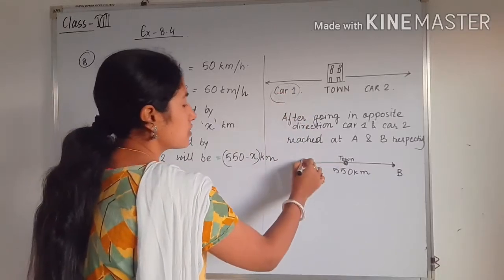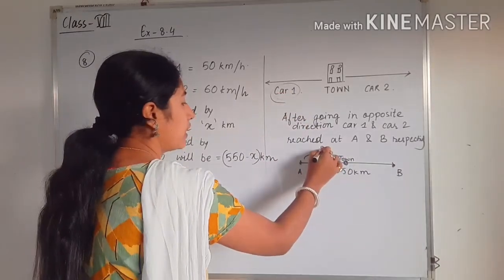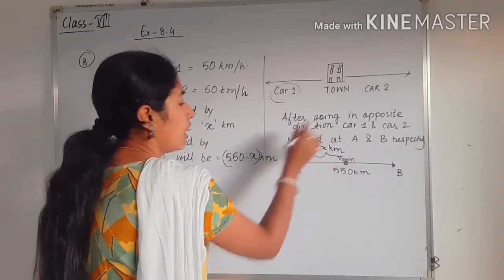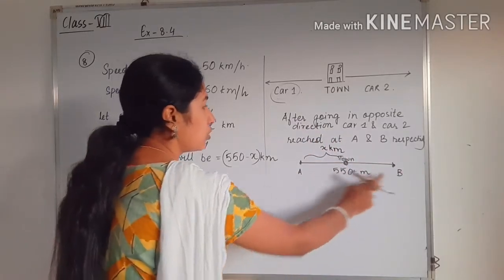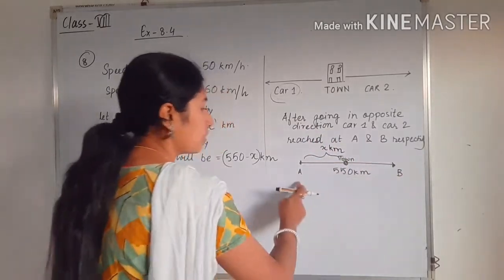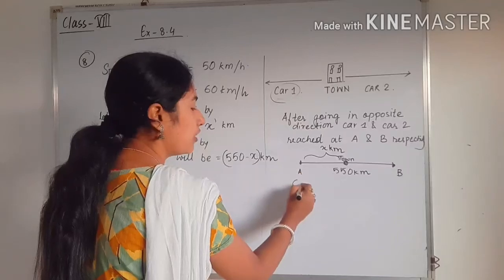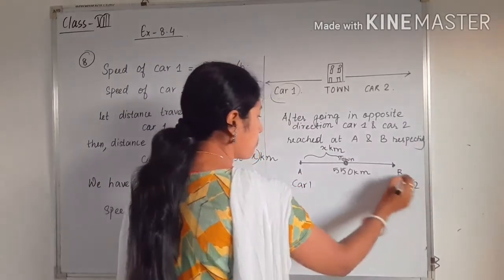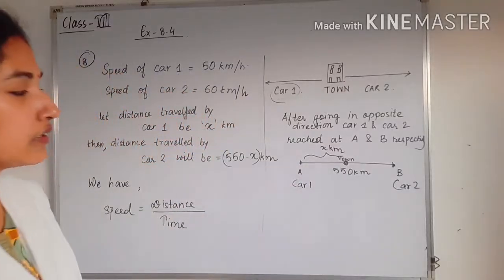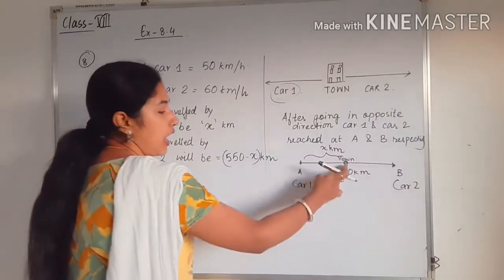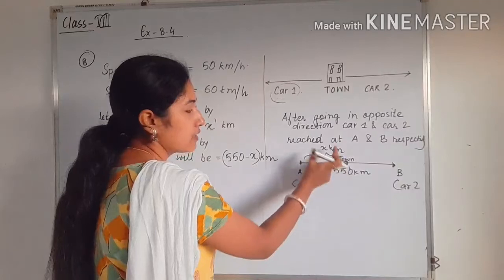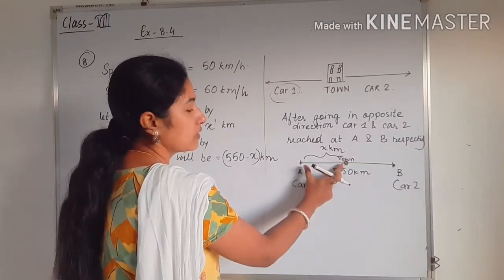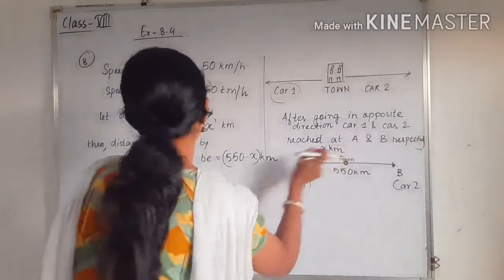Car 1 reached point A and car 2 reached point B. So the distance between the town and point A is x kilometer.